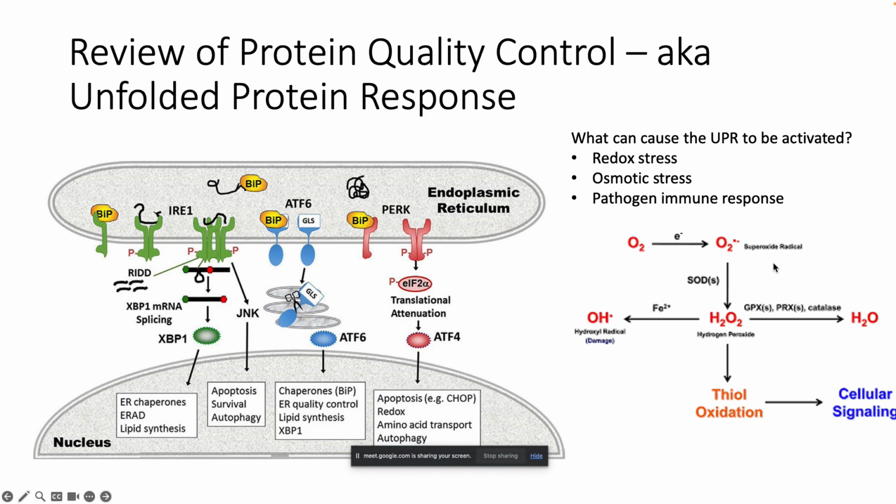And this radical, this reactive oxygen species, can lead to the generation of hydrogen peroxide, which can lead to a hydroxyl radical. Both hydrogen peroxide and the hydroxyl radical are dangerous to the cell. On some level, the hydroxyl radical more than hydrogen peroxide, but because hydrogen peroxide can be converted to just water, which is harmless, right?